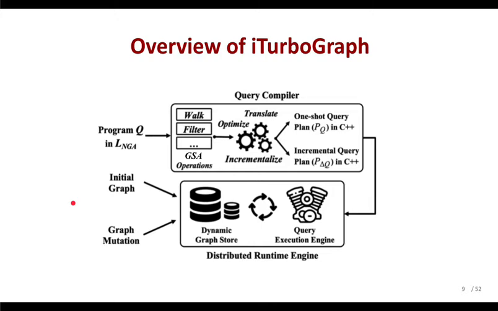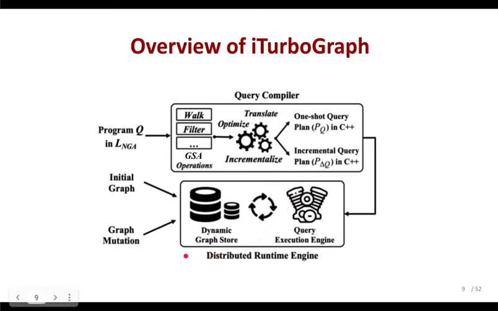This is an overview of our system consisting of a front-end query compiler and back-end distributed runtime engine. Users write a program Q with our programming language NGA, then our compiler translates it into its algebraic representation GSA operations and automatically generates its incremental version, applying several optimizations.